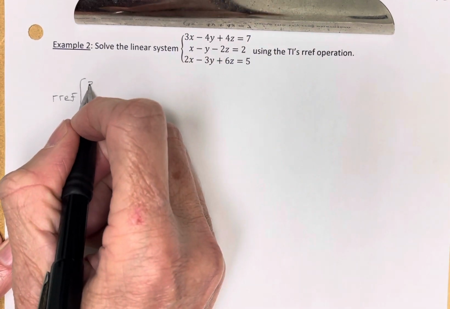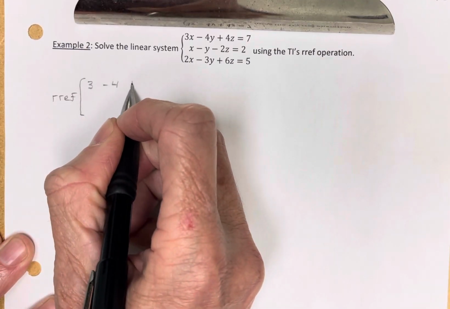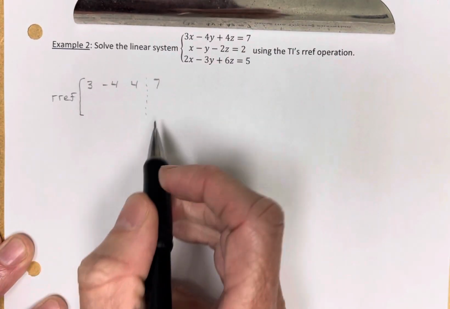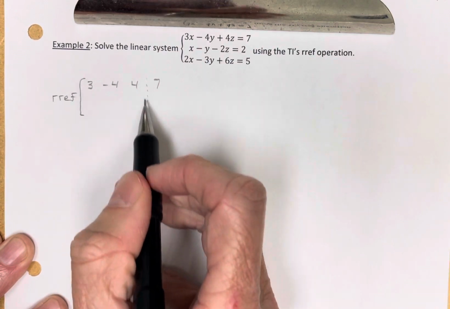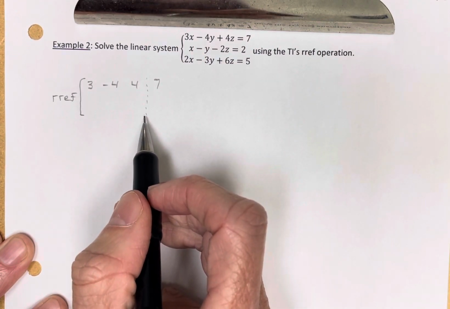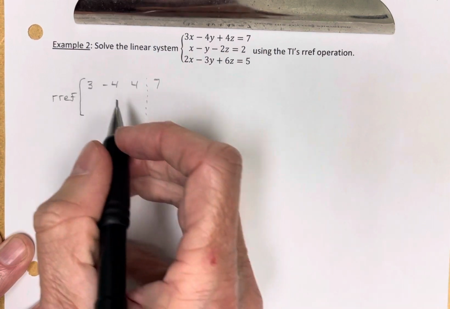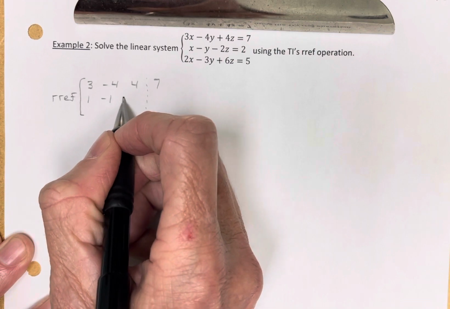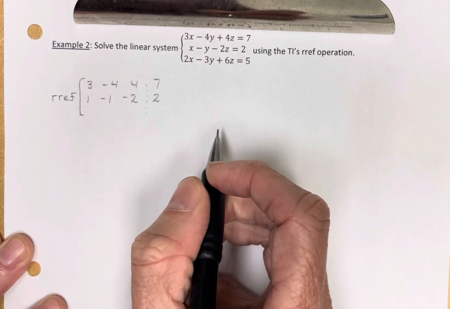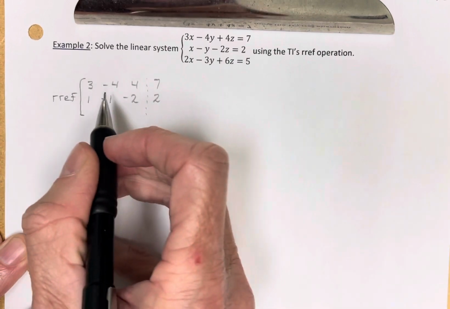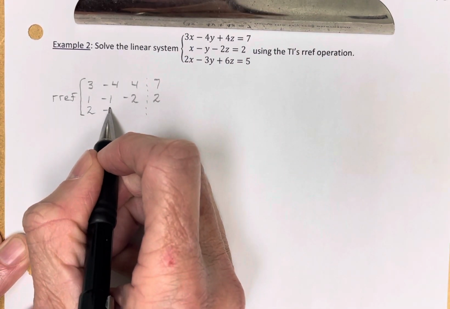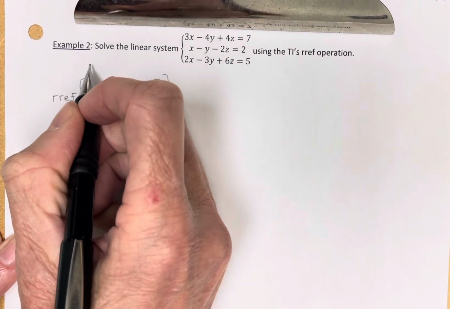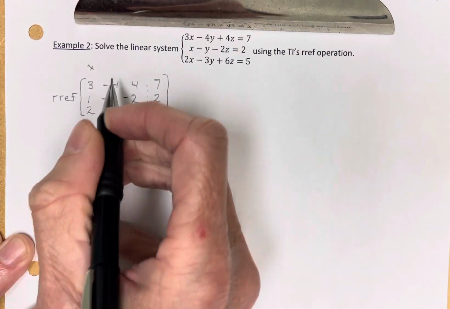So again, my coefficients, 3, -4, 4, dotted line, and then my constant 7, just using a dotted line again because there's no line in the calculator. That just helps me keep things separate. Coefficients of equation 2 are 1, -1, -2, and then the constant is 2. The coefficients of equation 3 are 2, -3, 6, and 5 is the constant. Again, these are the X coefficients in column 1.